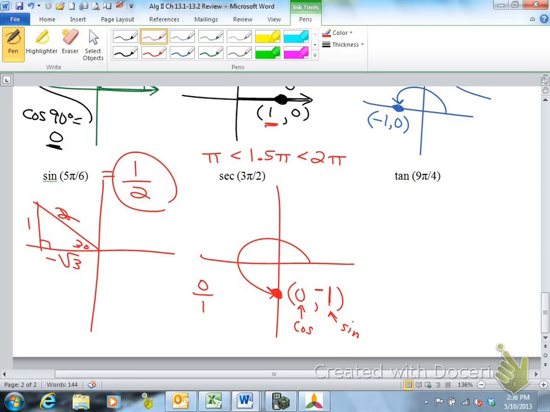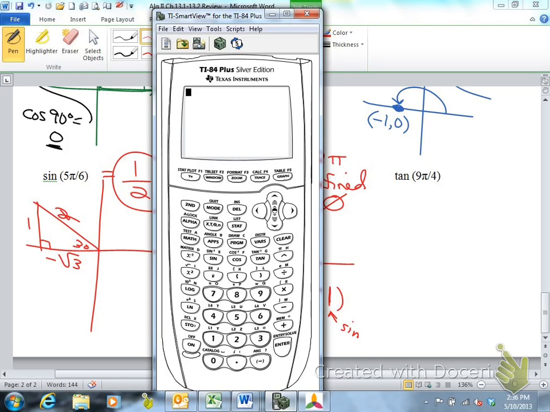You'd have 1 over 0. 1 over 0 would be undefined. Or you could write it like that. So what that means is, if you had 1 divided by cosine of 270, you're going to get division by 0, which is undefined. So it's no solution.